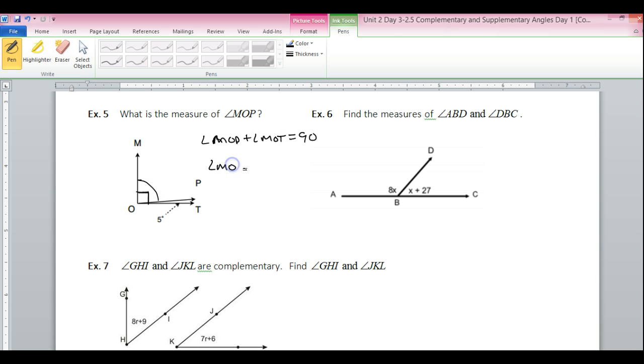The easiest way to find angle MOP is to do 90 minus the angle here, which is 5 degrees. So angle MOP is equal to 85 degrees.